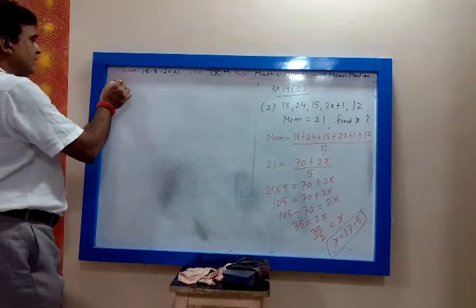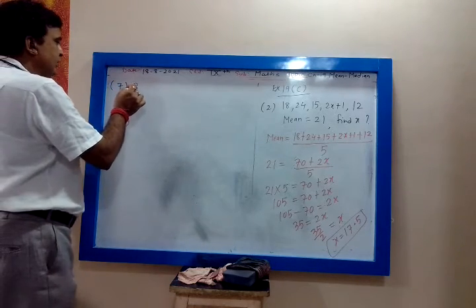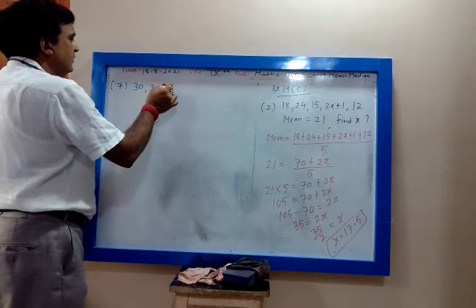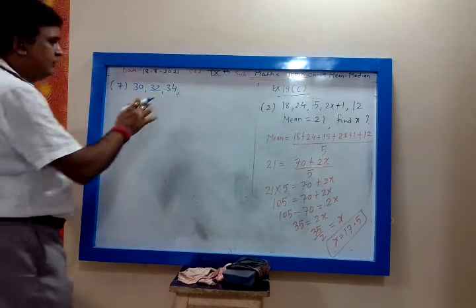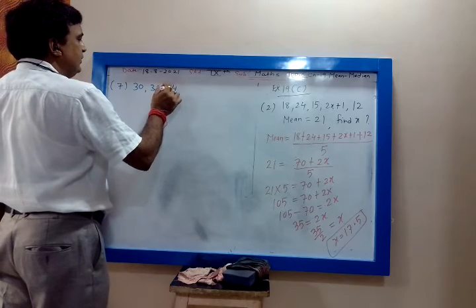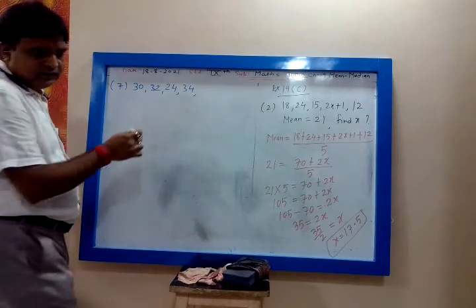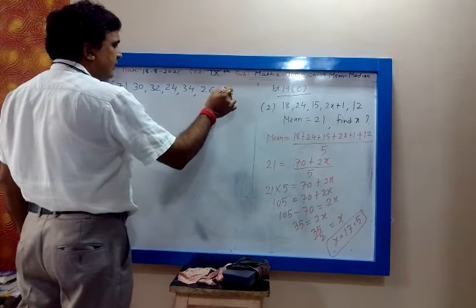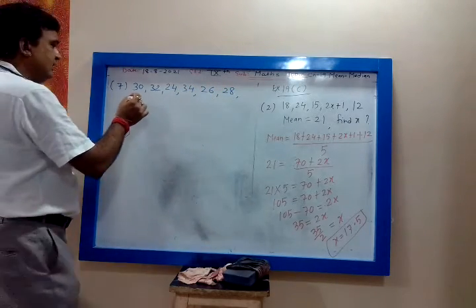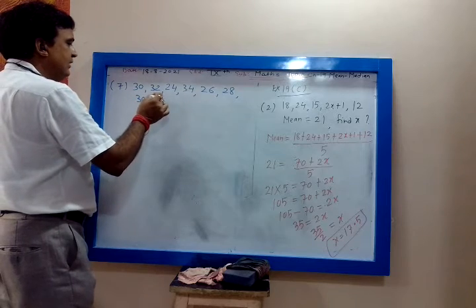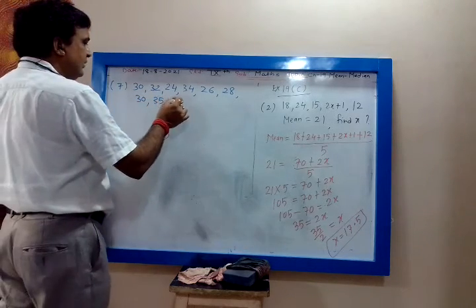So what is the data given to us? 7th. 30, 32, 34, then 30, 32, 24, 34, then 26, 28, then 30, 35, 33, 25.